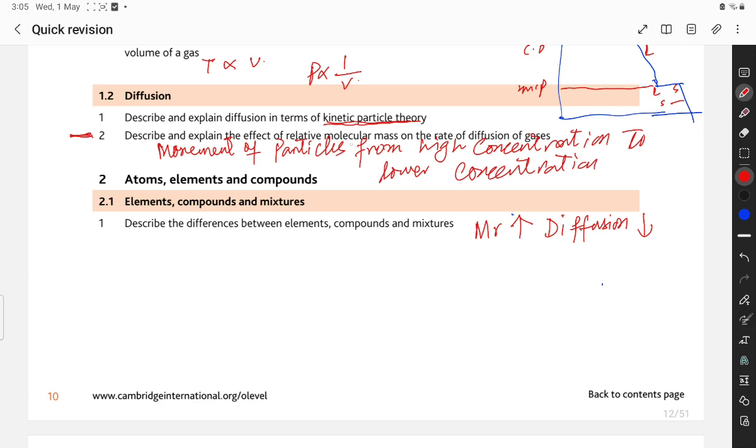He has written relative molecular mass, and the marking scheme is based on subject content. So write down that the higher the relative molecular mass, the lower the diffusion, and the lower the molecular mass, the higher the diffusion.